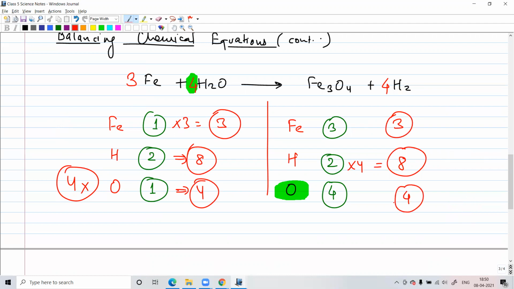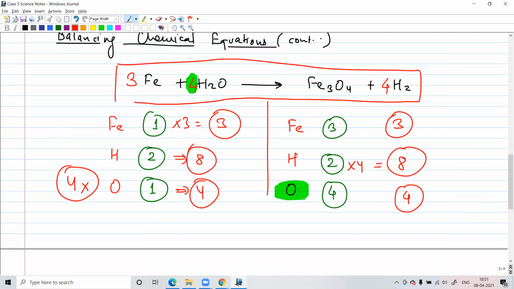So everything is balanced now. Now this is our balanced chemical equation. So maybe if you want, you can go through the recording again and try to see how we did this and it will be more clear to you, okay?